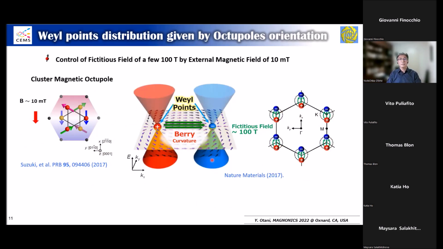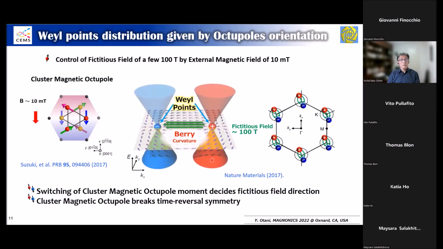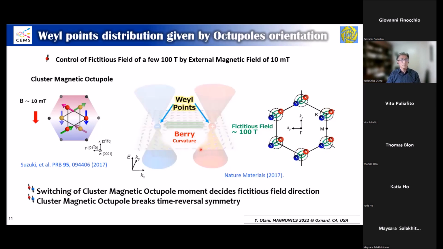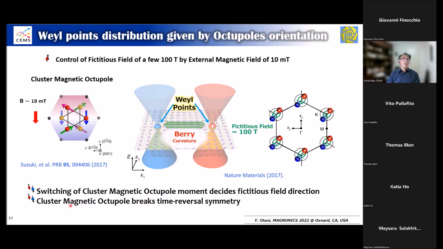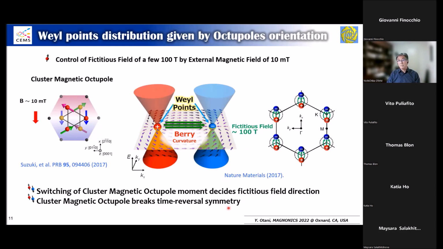This is a very distinctive feature of this material. So what we can conclude from these experiments is the switching of the cluster magnetic octupole. The octupole moment decides the fictitious field direction. The cluster magnetic octupole breaks time reversal symmetry. That's why I said that this behaves like a macro spin.